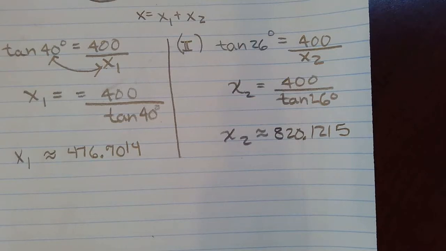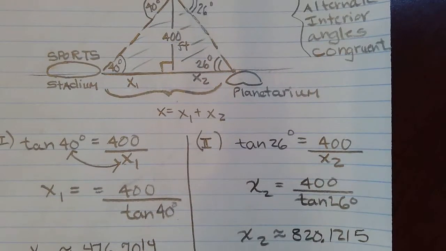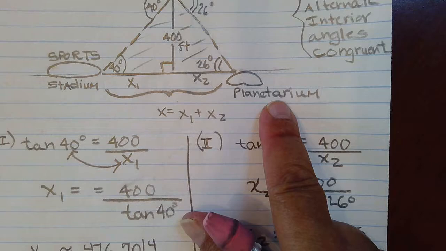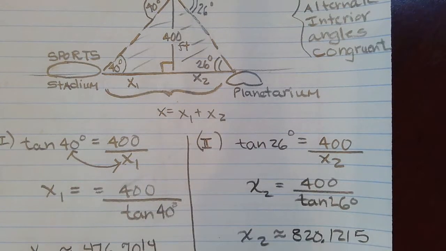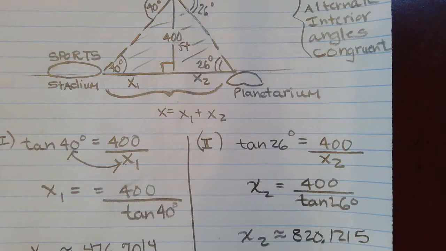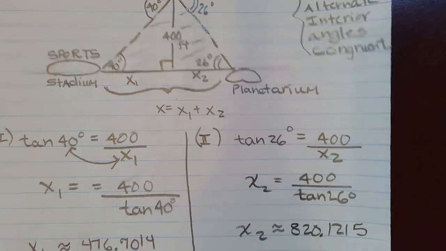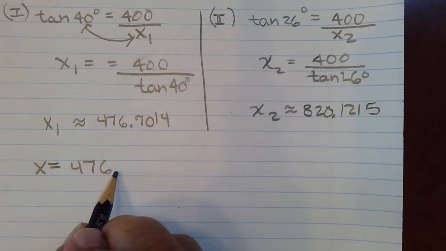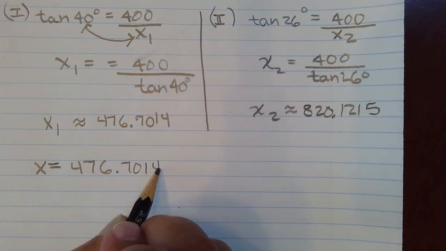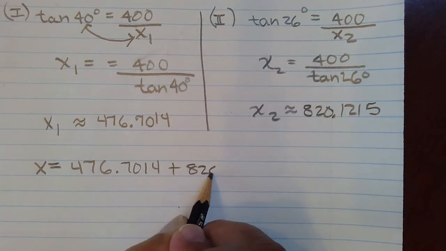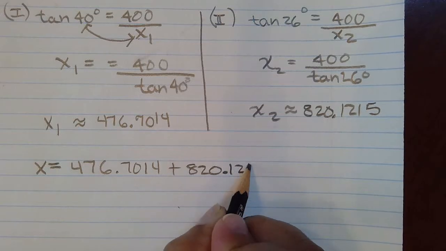And then when I go to get my final answer, which is the entire distance between here and here, I'll add these up and then round it off to 2 decimal places. So x is going to be equal to 476.7014 plus 820.1215.